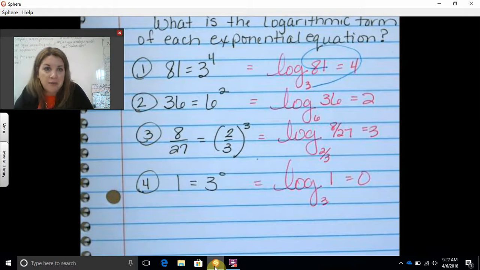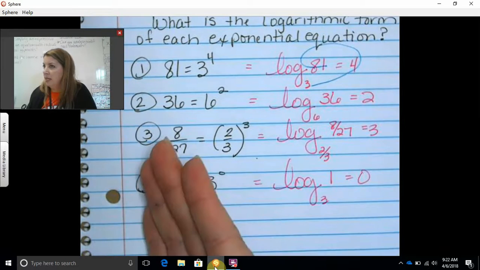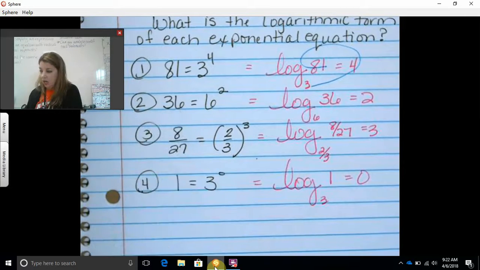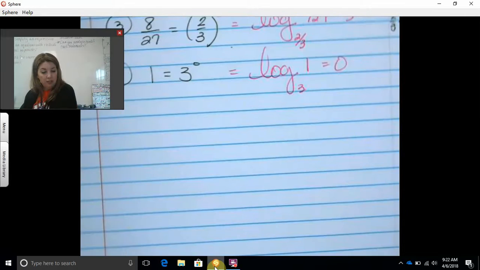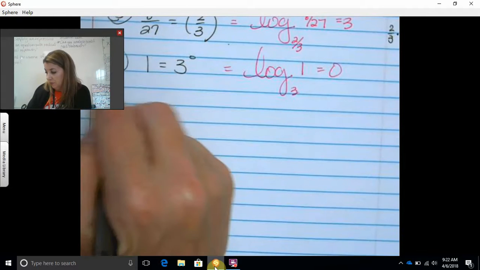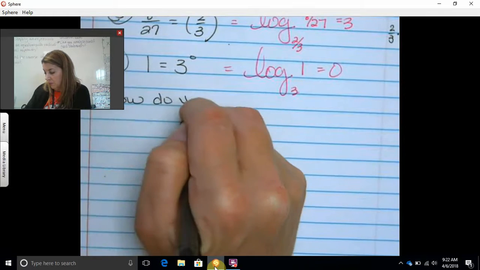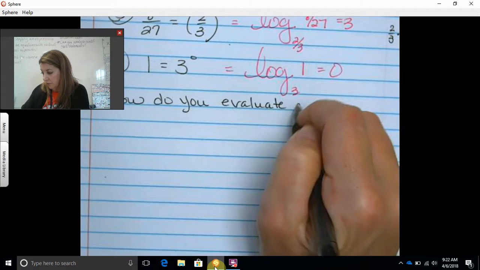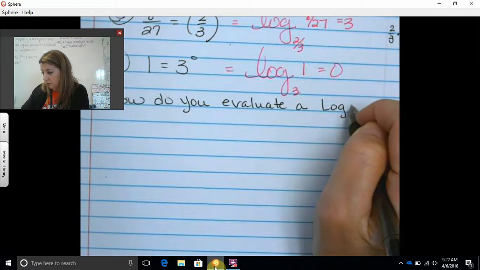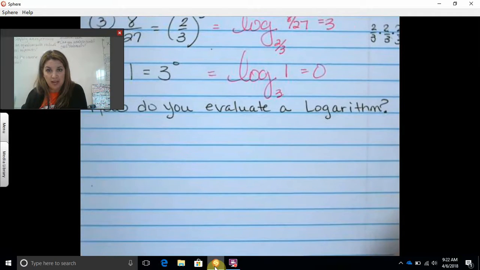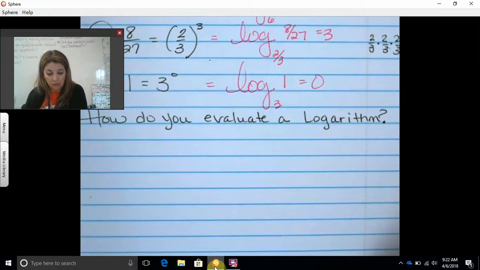Okay, so now we know how to write them, take them from exponential form to logarithmic form, and then you'll need to know how to go back in the opposite way too, logarithmic form to exponential form, if you're asked to do that. But now I'm going to show you how to evaluate a logarithm. How do you evaluate a logarithm?